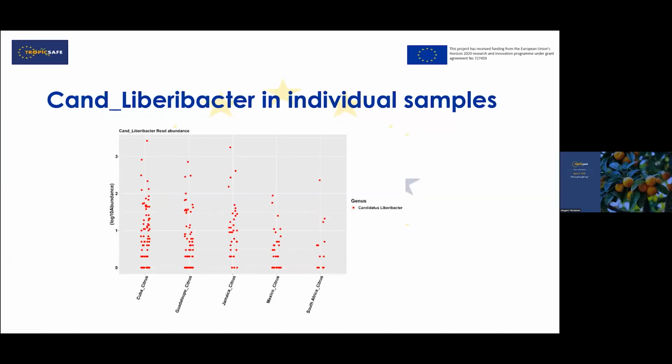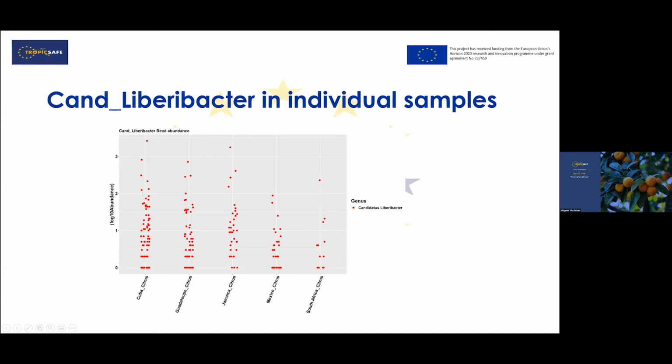So this is the data presented in a slightly different way on the Candidatus Liberibacter samples. So you see, again, it's separated into Cuba, Guadeloupe, Jamaica, etc. But to my view, the distribution of read abundances is similar across the different locations.